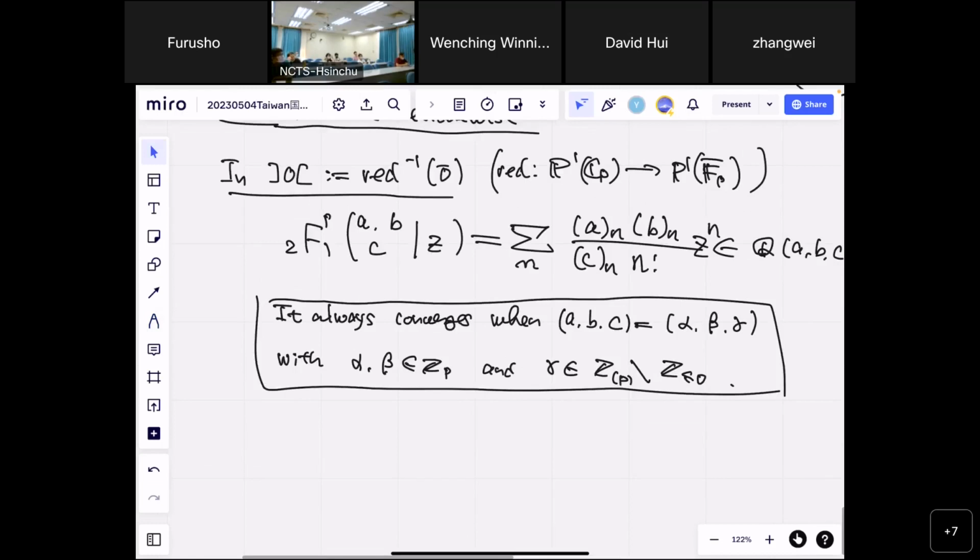So this is the argument in residue disk of 0.